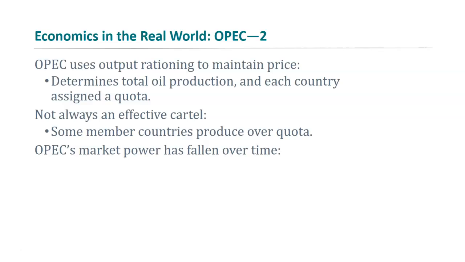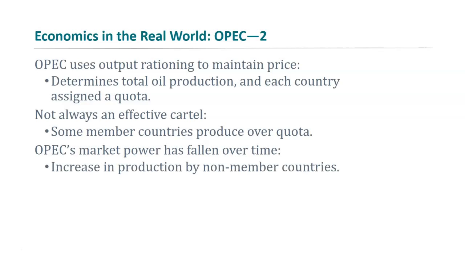So OPEC's market power has fallen over time because non-member countries are increasing production. Particularly the U.S. has increased its oil production using shale technology, fracking, things like that. So OPEC's not quite as powerful as it used to be, but still holds a lot of power in terms of the oil market and determining the prices that we pay for oil and oil products.